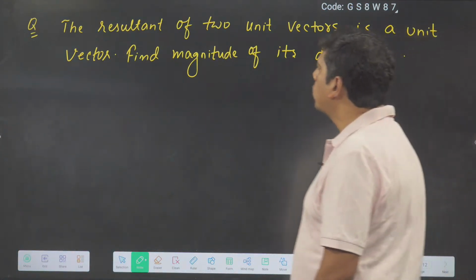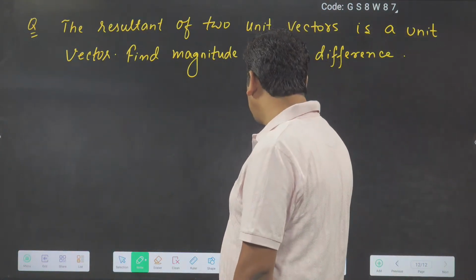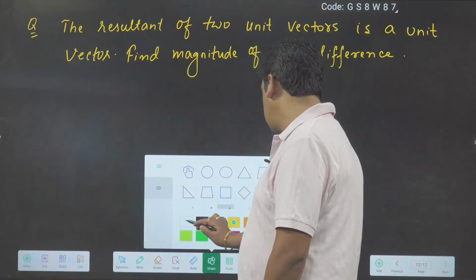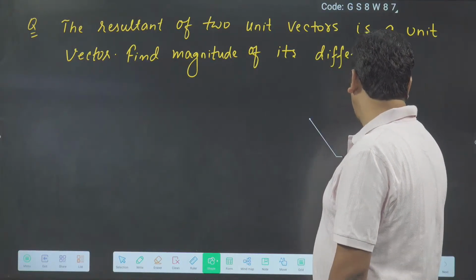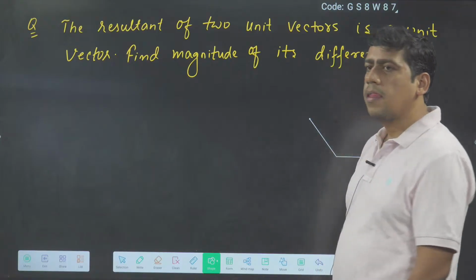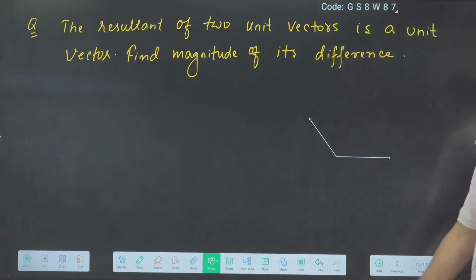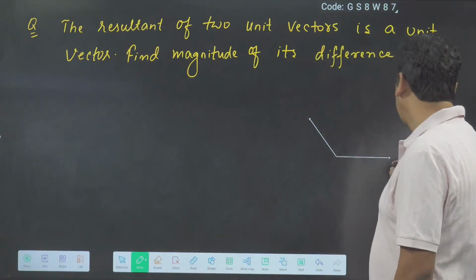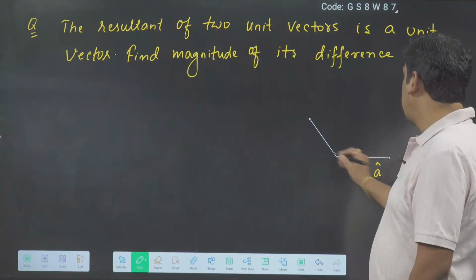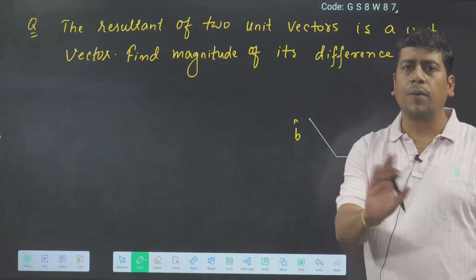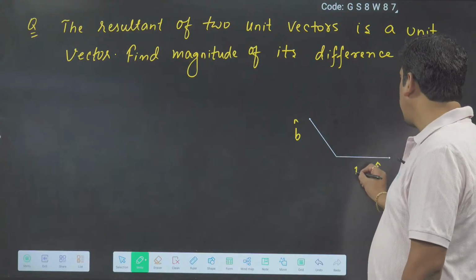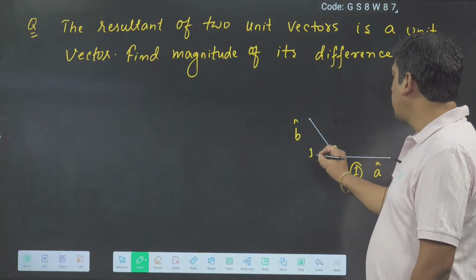First of all, understand the question. The resultant of two unit vectors is a unit vector. Let's say these two are unit vectors. This is A cap, this is B cap. Since both are unit vectors, the magnitude is 1. This also has magnitude 1.